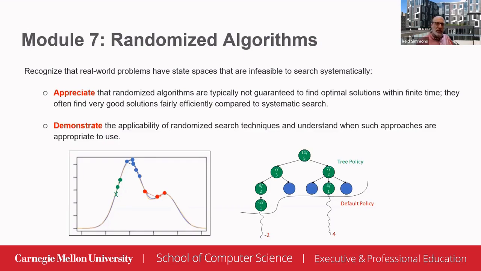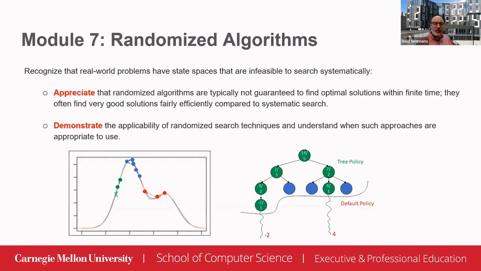And finally, we'll talk about randomized search techniques, such as Monte Carlo tree search, that allow you to very efficiently search very large state spaces and often without using heuristics, able to come up with very good answers. Again, not necessarily optimal answer, but good enough that they work very, very well in practice.